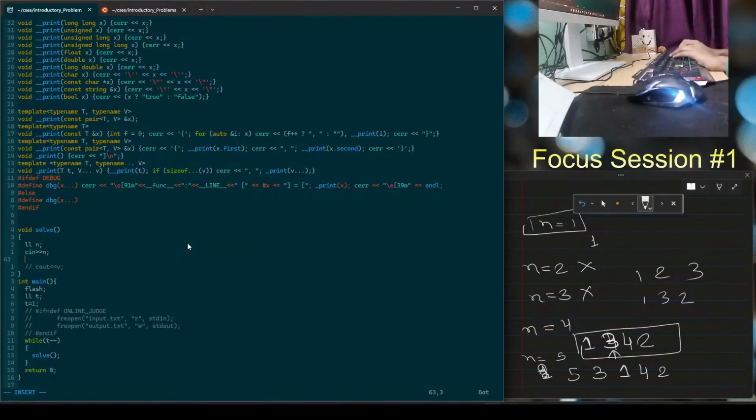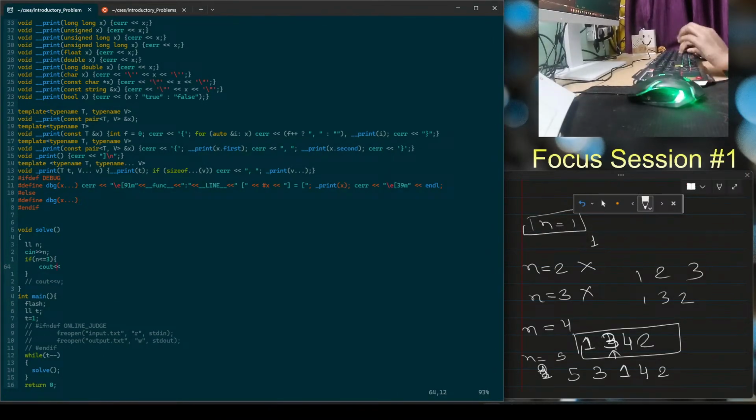I will check if n is less than or equal to 3. In that case, okay, if it is 4 also, this is giving me a difference as well. 1 3 2 4, this will also give a difference.